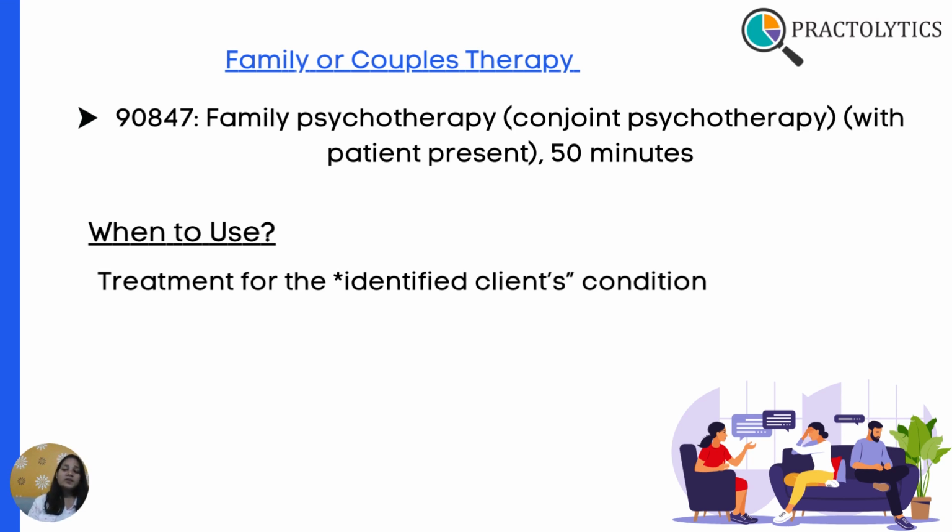When the primary purpose of the session is the treatment of the identified client's condition. Let me give an example to make it clear. When there is a need to observe and correct psychotherapeutic techniques and the client's interaction with partner or family members, when there is a need to assess the conflicts or impairments within the relationship of the family, and assist the family members in the management of the client or the symptoms, you can use family or couples therapy.